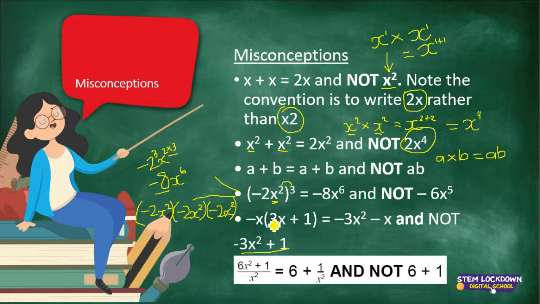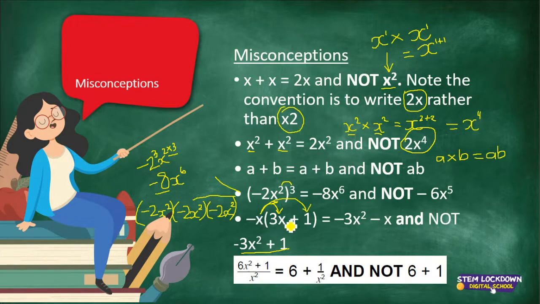It's incorrect because the negative x is multiplied into the 3x, and again, negative x is also multiplied with positive 1. So negative times positive, answer is negative. 1, there's obviously a negative 1. 1 times 3 is 3. And x times x is x squared.